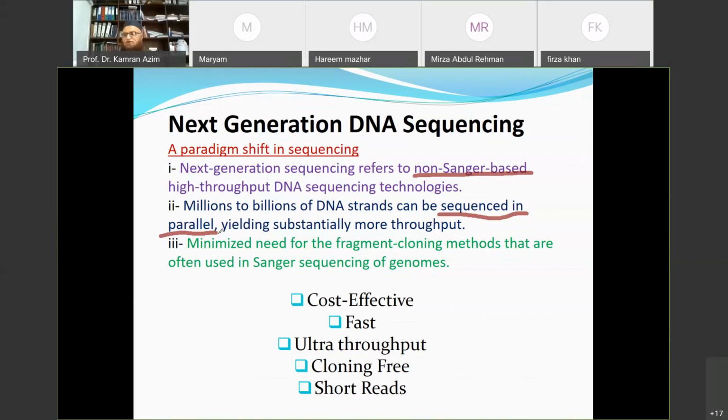But in case of NGS, all of the DNA fragments are sequenced in parallel, in one go, in one test tube, in one sample. As a result, there is substantially more throughput. So we can have a lot of DNA molecules sequenced at a time.